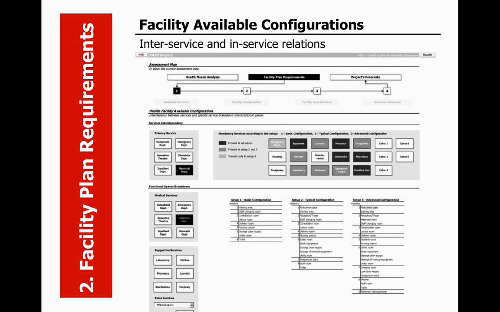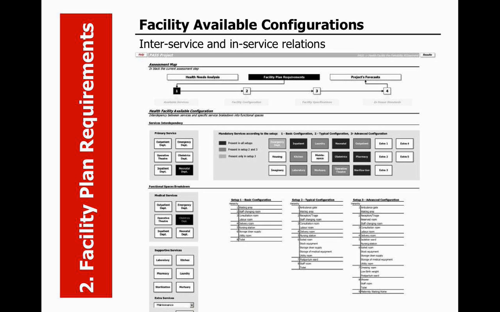So for example, here you see that I choose a neonatal department, and in this scheme, if I click here, I see what the compulsory services are that should be attached to a neonatal department. And I can further develop this according to the kind of configuration that I want: if I want a basic configuration, a typical or an advanced one.